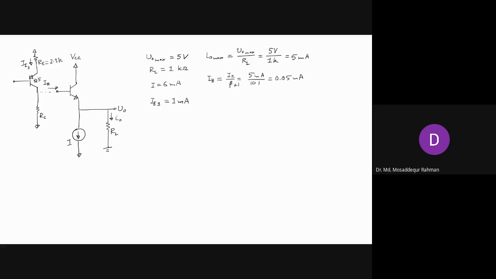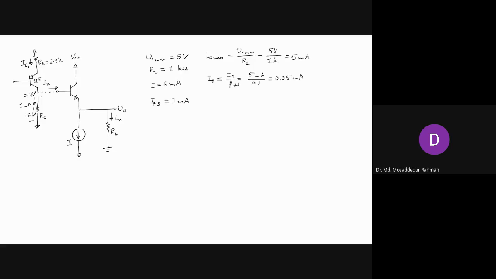Now the current that will go here, IB, you need about 0.05 milliampere, and this IE has to supply this current. For the voltage drop here, we need 0.7 volt, and we need 15.7 volt drop here. For this drop to occur, we assume a current of 1 milliampere flowing here.